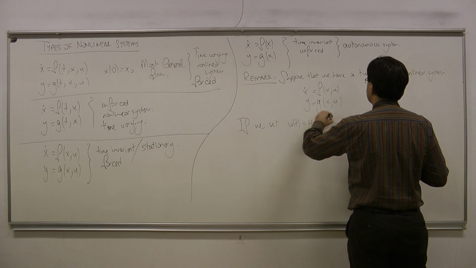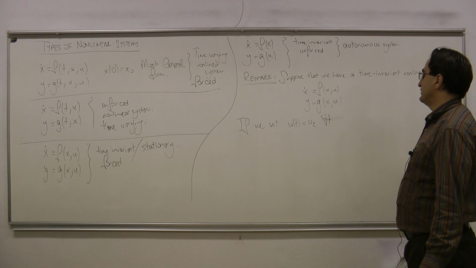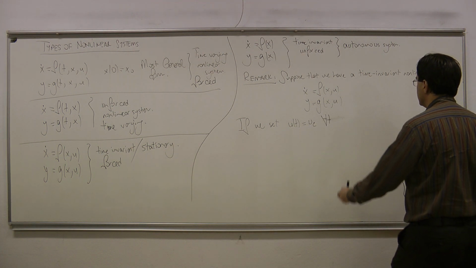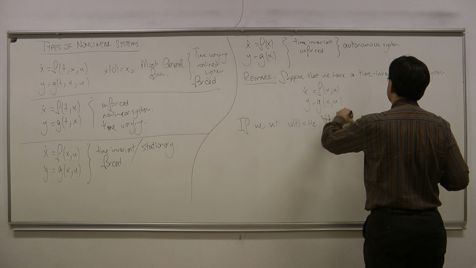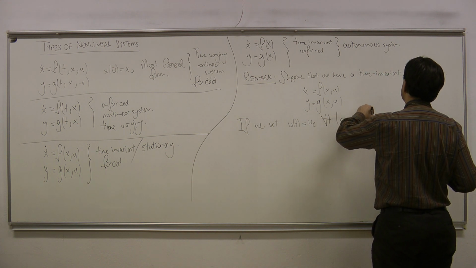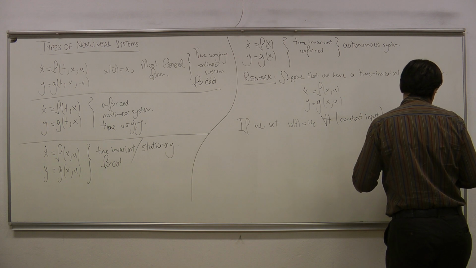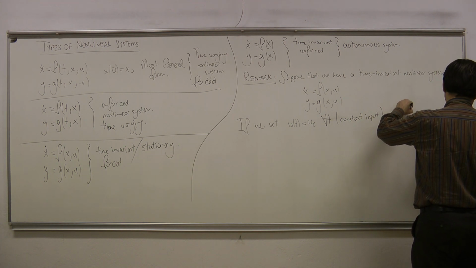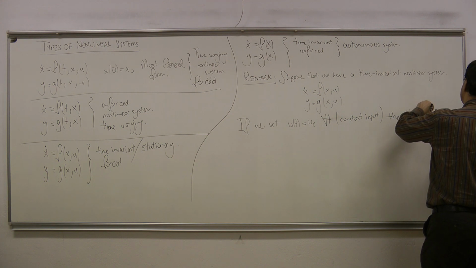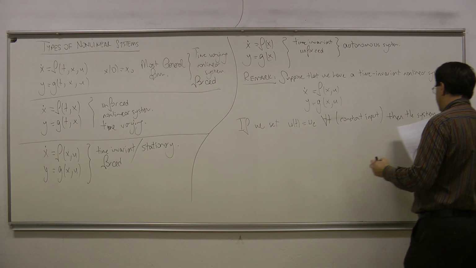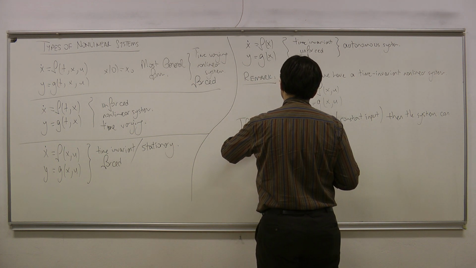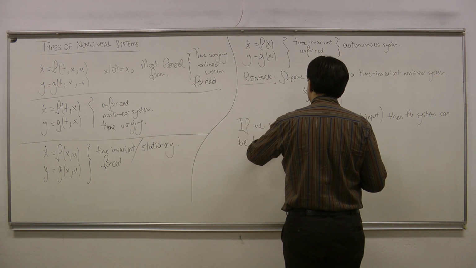Okay? If we agree that if we set u of t to a constant for all time, that means constant input, then the system can be treated as an autonomous system.